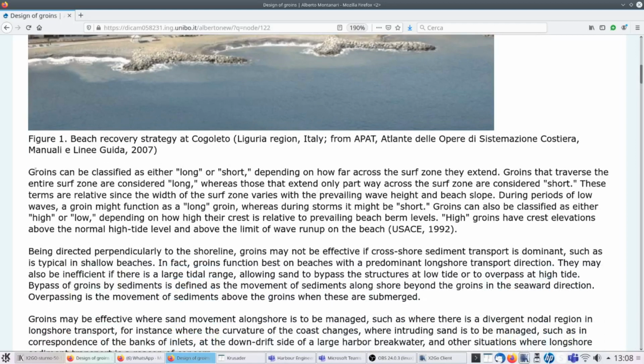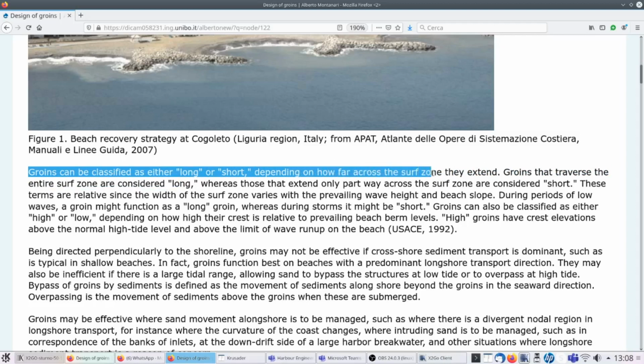So, first of all, let's say that groins can be classified as either long or short, depending on how far across the surf zone they extend. The surf zone is the zone where people typically surf, and it extends from the breaker line of the waves up to the swash zone.